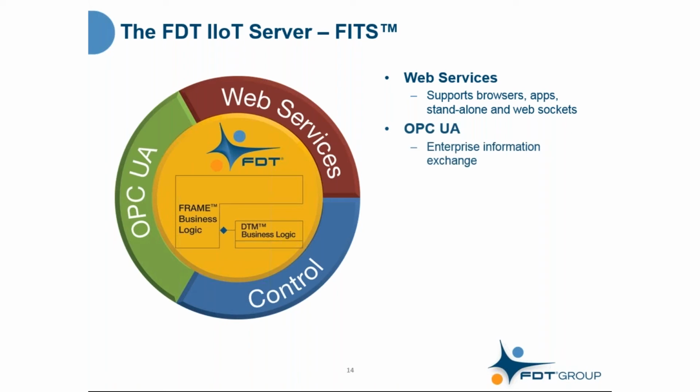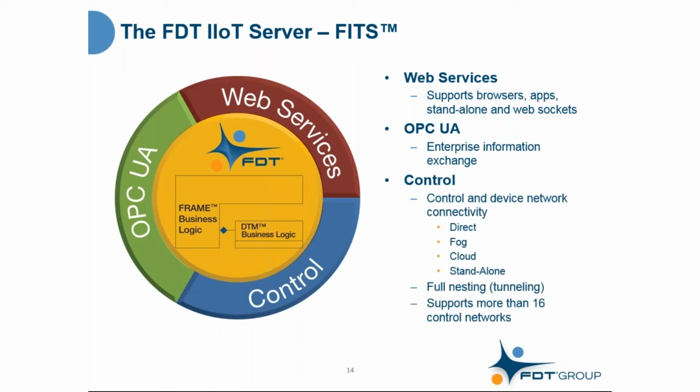The OPC UA connectivity enhances that even further by allowing enterprise information exchange, and we'll get into great detail on this section today. And the control side is, in one way, our traditional control network connectivity, so we retain all the network support and tunneling and so on that we have today, but it also adds capabilities to do this in the cloud with secure connections to remote facilities.